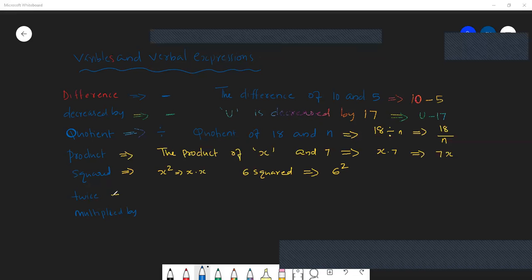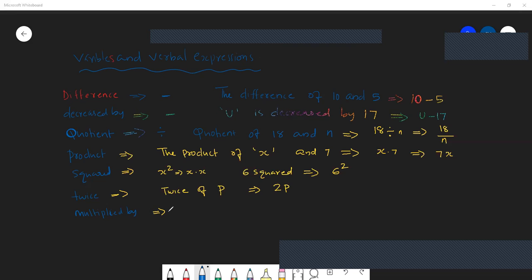At the same time, twice. Twice of a number p is 2 times p. Twice always represents multiplying the given term by 2. And multiplied by is also represented by the multiplication sign.